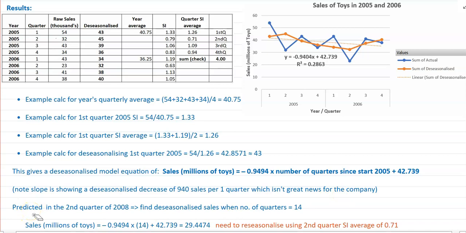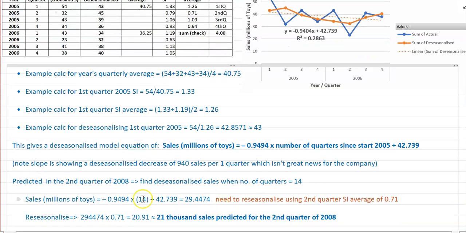Answering the question that's asked, we want to know the predicted sales in the second quarter of 2008. So that means if you go and count the quarters from the beginning of 2005 until the second quarter of 2008, that's 14 quarters. Subbing 14 quarters into my model equation, I get a deseasonalized sales of 29.4474.